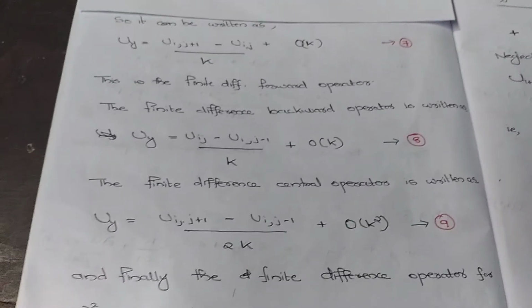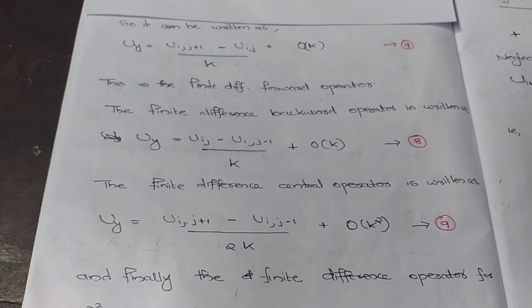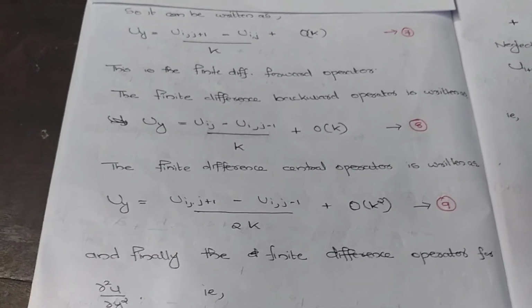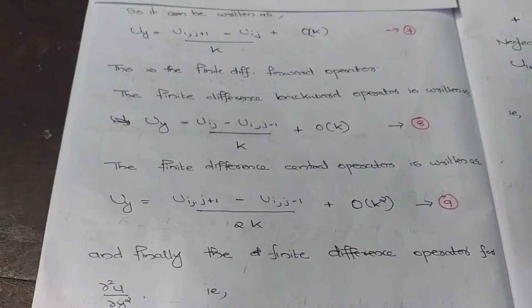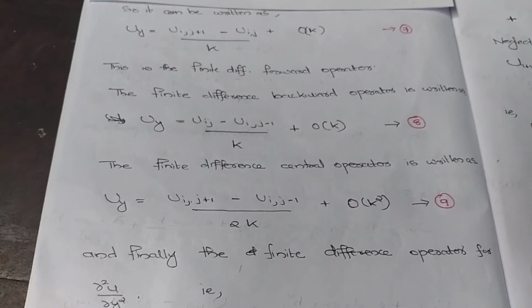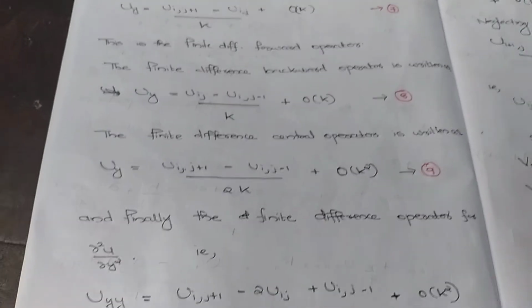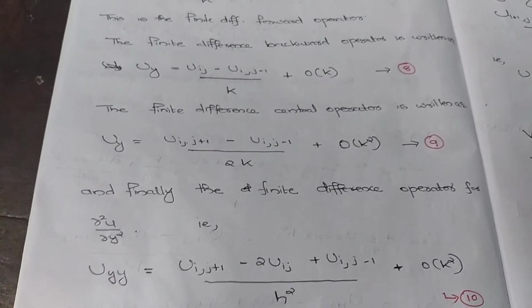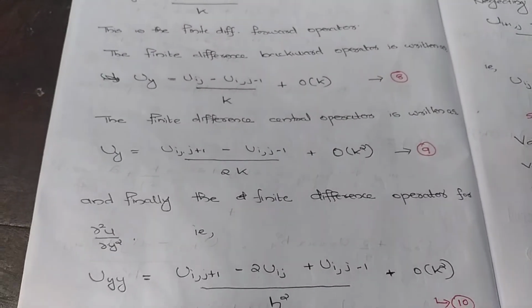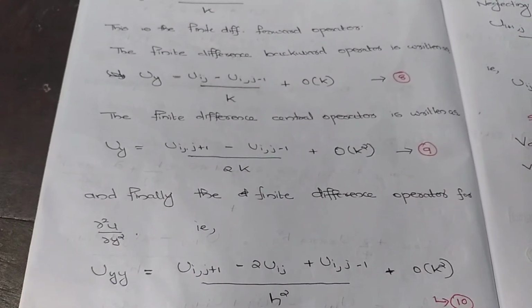This is the finite difference form of the forward operator, and the backward operator is given by uy is equal to u(ij) minus u(i,j-1) by k plus other terms of k, and the central difference operator is u(i,j+1) minus u(i,j-1) by 2k plus other terms of k square.